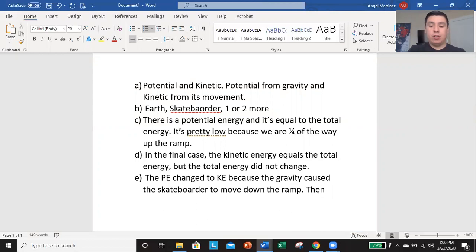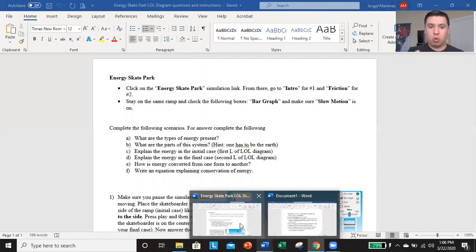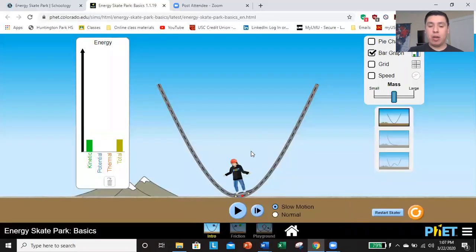Then there is no potential energy at the bottom. And why is that? Why would there not be potential energy here? Well, it's because there's no height to account for the potential energy.